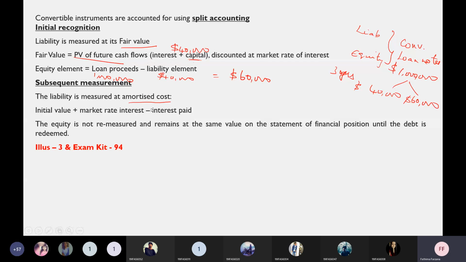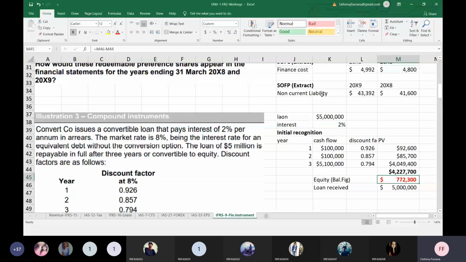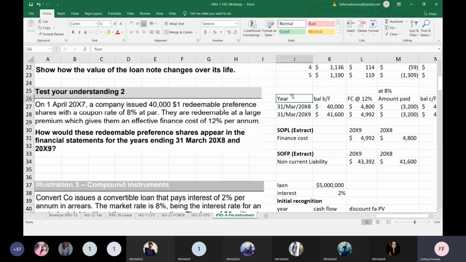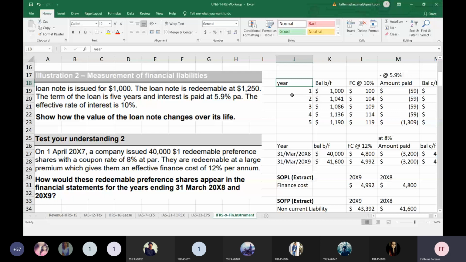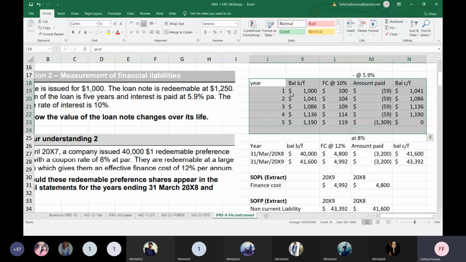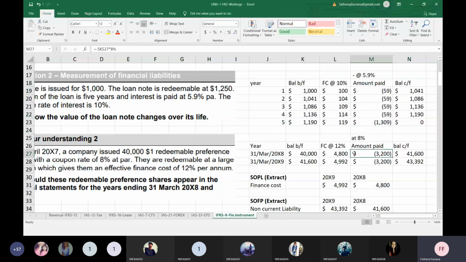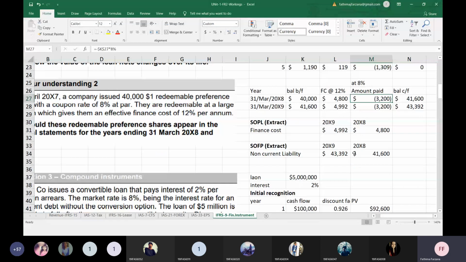The liability is measured at amortized cost. Amortized cost is nothing but the format we did previously, right? This format we are going to do. Can you see this, everyone? So this format, I'm going to do it again. Let's see how I'll be doing it now. How much is the liability in this problem?